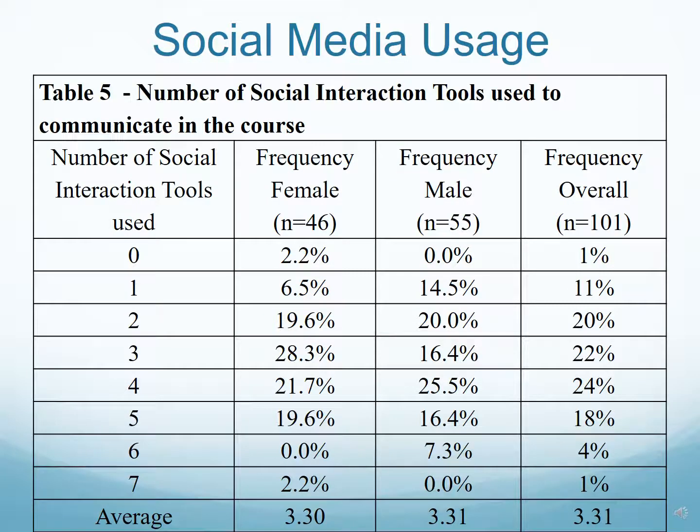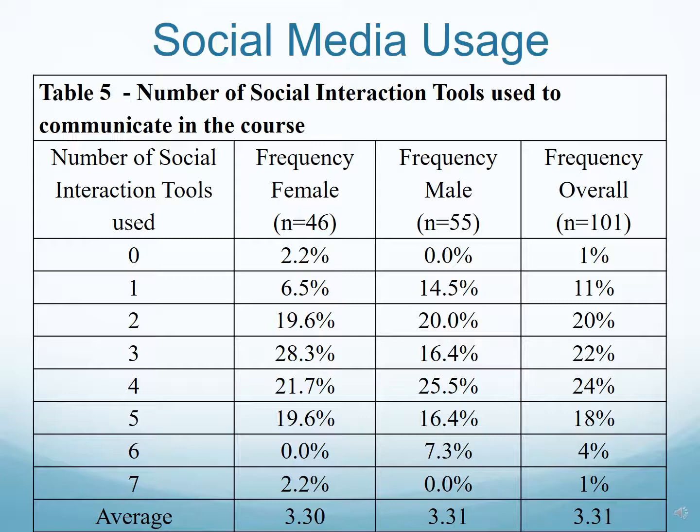We also looked at the number of social media tools used by students according to gender. As we can see at the bottom of the table, the average number of tools is almost the same, 3.30 for female and 3.31 for male. However, the distribution looks slightly different. We see that 14.5% of male students use one media tool, while this is only 6.5% for female.